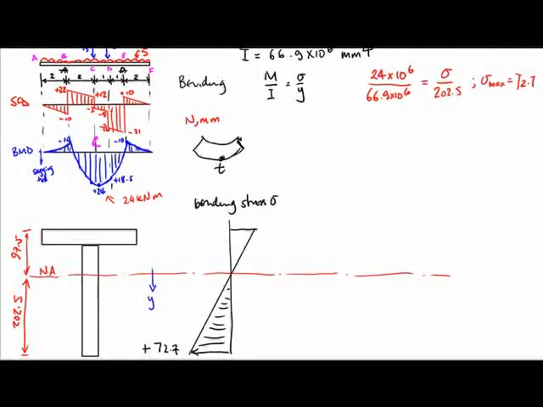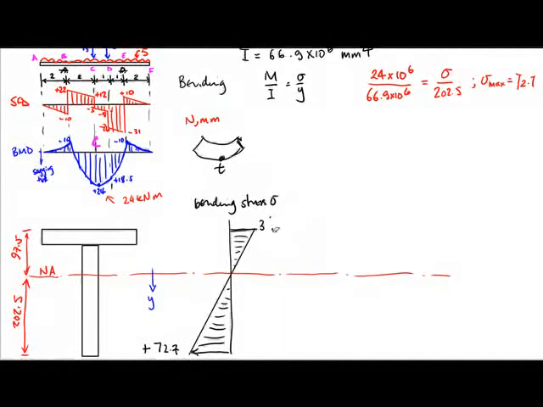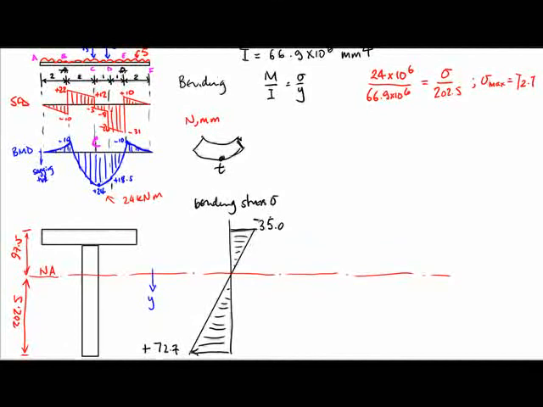To get the largest compressive stress at the top here, all we need to do is use the same bending moment, same I value, but change the y value to now go up to 97.5, so 97.5 in there, and it will get a stress value of 35.0, rounded up a bit, and it will be compressive.